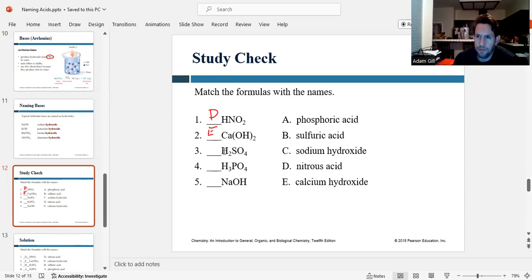It has hydrogen out front, so it's an acid. SO4 is sulfate. So this will be sulfuric acid. This one is an acid because it has hydrogen out front. PO4 is phosphate. So this should be phosphoric acid. And last but not least, sodium hydroxide, another common base.